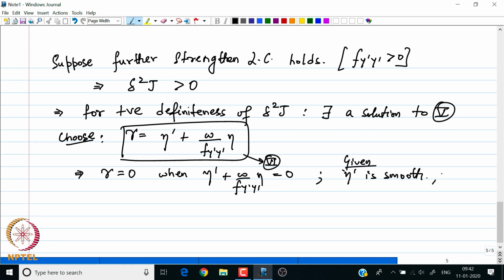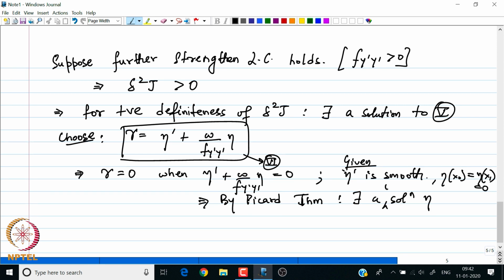Also eta vanishes at the boundary, which means that this is a first order ODE. Then by Picard's existence theorem, a standard theorem in the theory of first order ODE systems, there exists a solution eta.